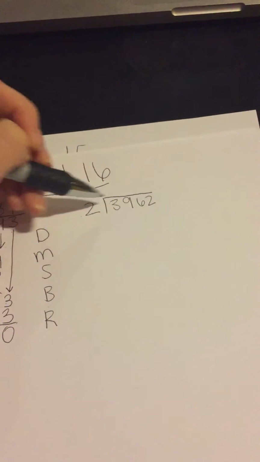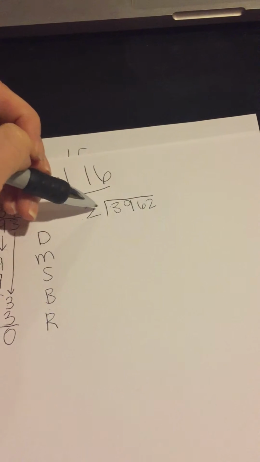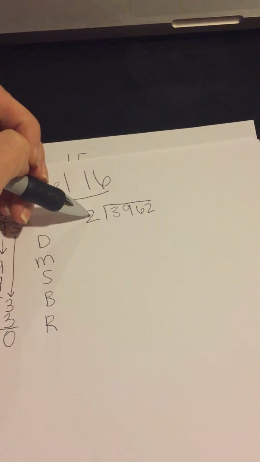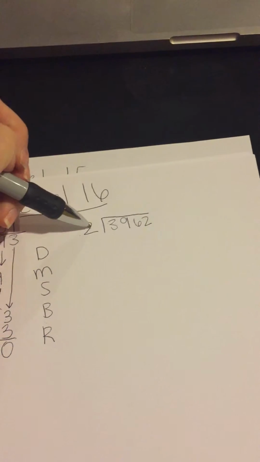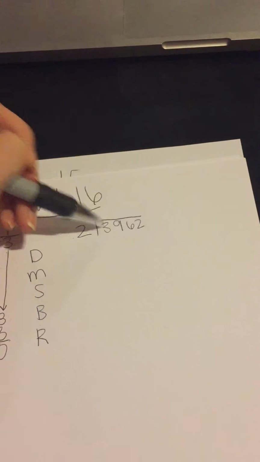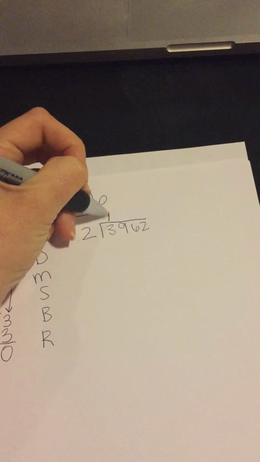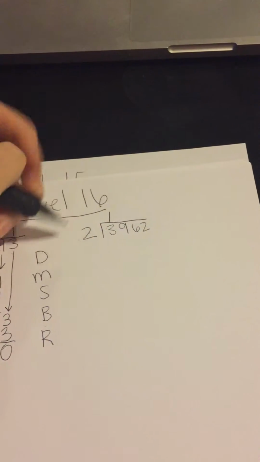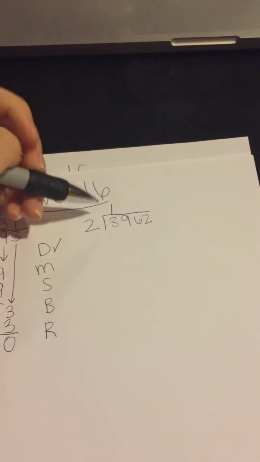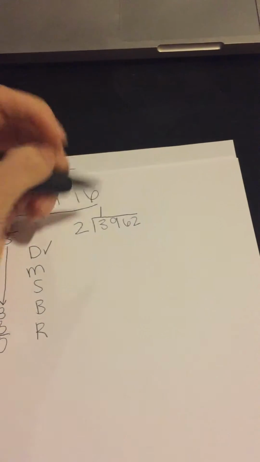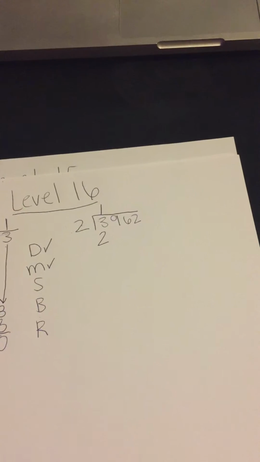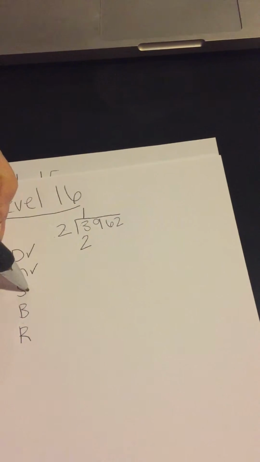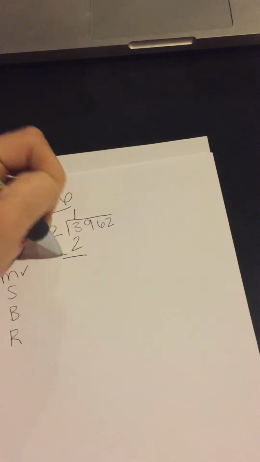So we can do multiplication to find out the missing number that it takes to multiply 2 to get as close to 3 as we possibly can. All right, so how many times can 2 go into 3? Just once. So that was our division. 1 times 2 is 2. That was our multiplication. Now we are going to subtract the two numbers.